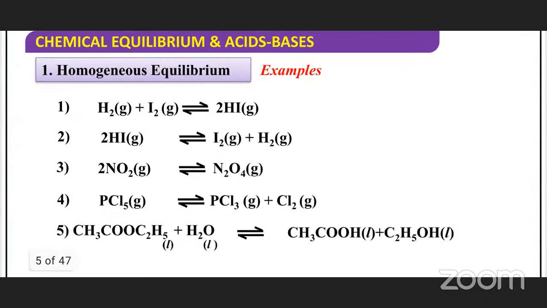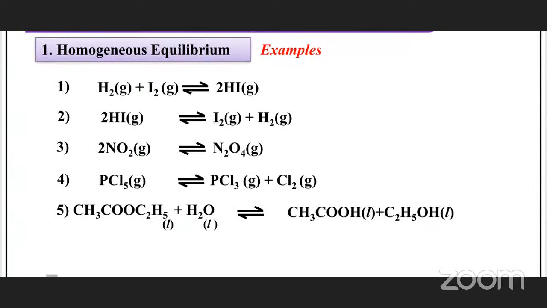Second example: 2HI gives rise to I2 plus H2, same physical state for reactant and product. Next example: 2NO2 gives rise to N2O4, reactant NO2 and product N2O4, same physical state. So this is homogeneous equilibrium.